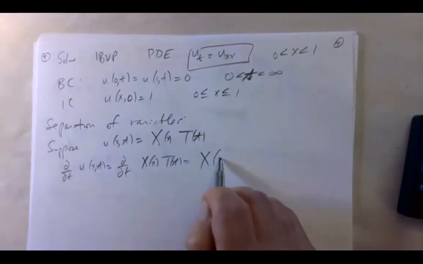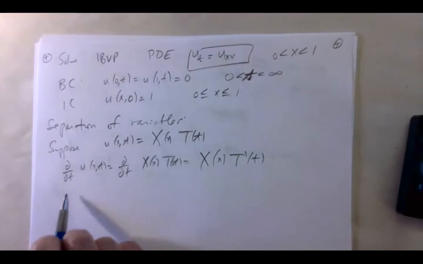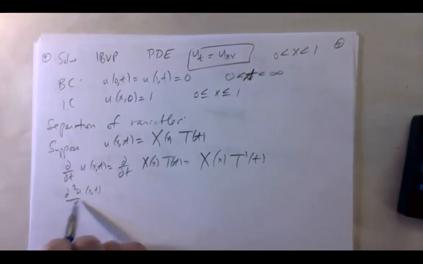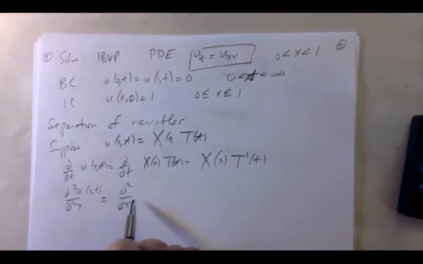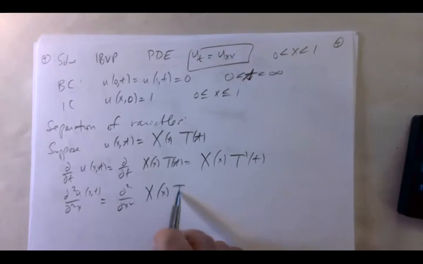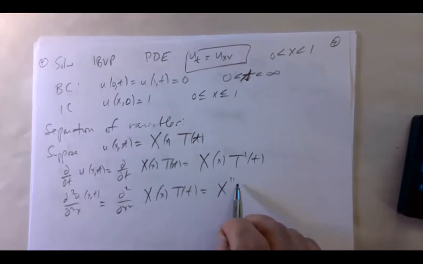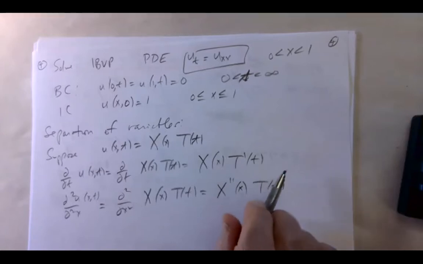This is X of x, T prime of t. And the second partial of u with respect to x, that's the second partial with respect to x of X of x, T of t. That's the second derivative with respect to x of the function capital X, times T of t.